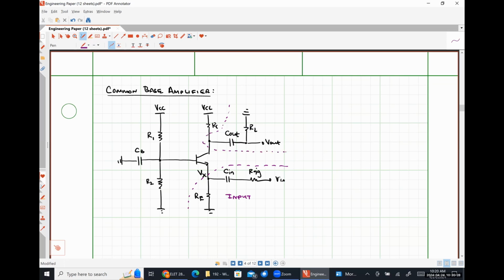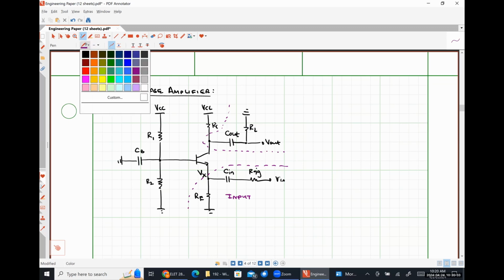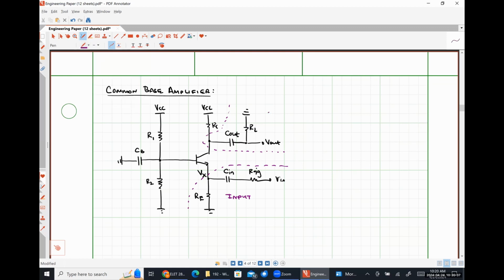Everything to the right of this oddly shaped dashed line is going to be my output stage, and then everything else is my amplifier stage.